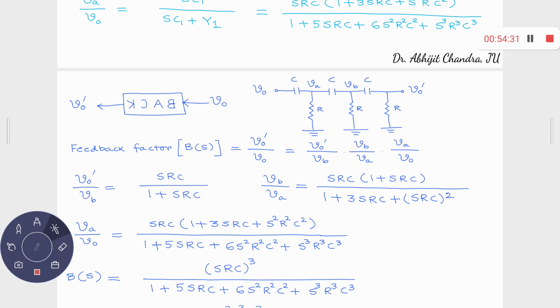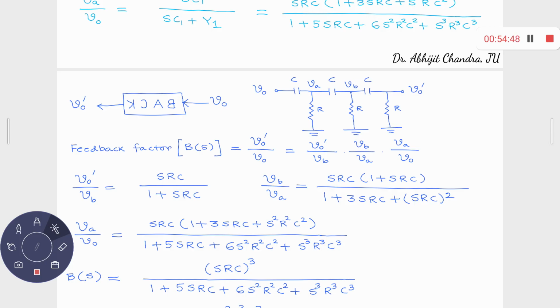So from here to here you have 60 degrees phase difference, from here to here another 60 degrees, and from here to here another 60 degrees. So overall from V0 to V0 dash you have 180 degrees phase difference.